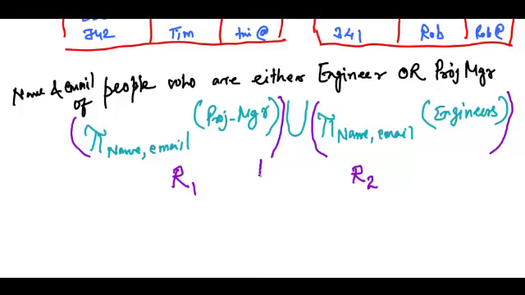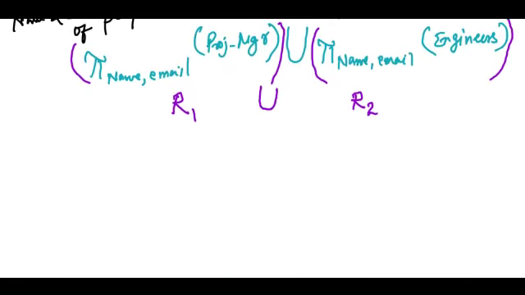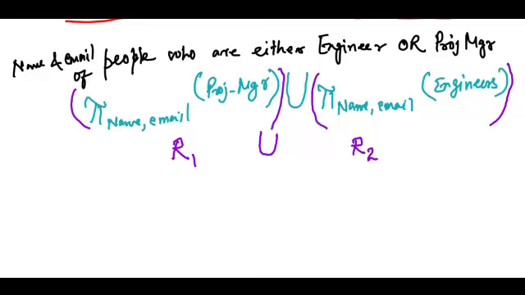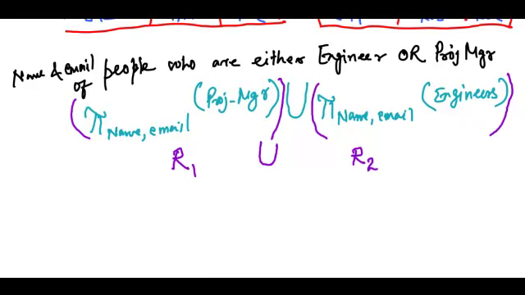And if I do a union of these two, I'm gonna get the name and email of all the people who are either engineer or project manager, right?